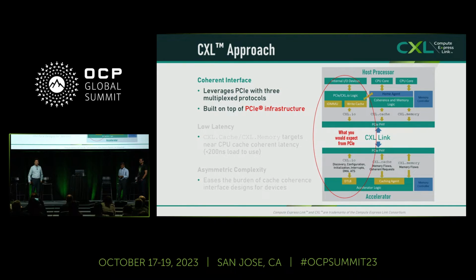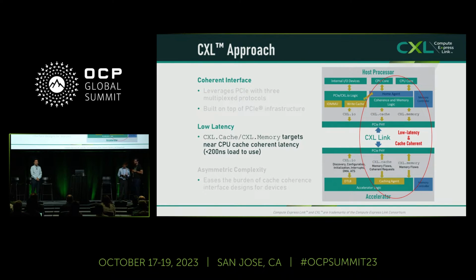If you remember, the CXL protocol is laying on the physical layer of PCIe. That makes it easier for initiating any kind of programming that you used to do with PCIe. But then on top of it, it adds two new protocols, the .cache and .mem, that provide a better method of moving data between accelerators and host.